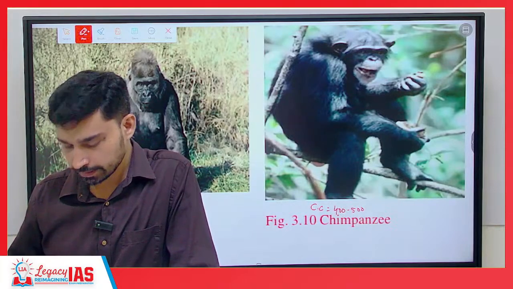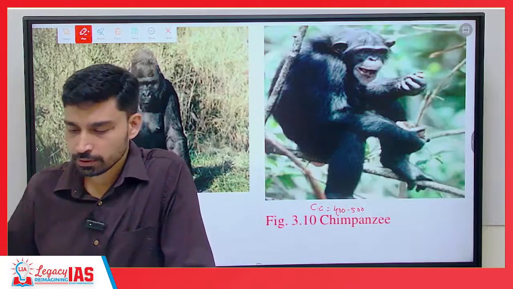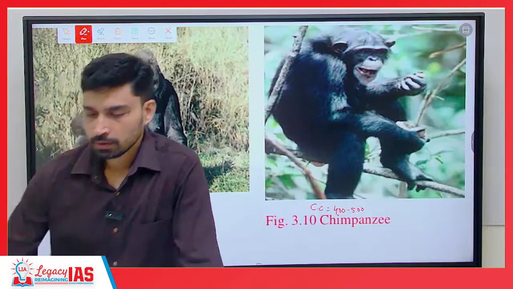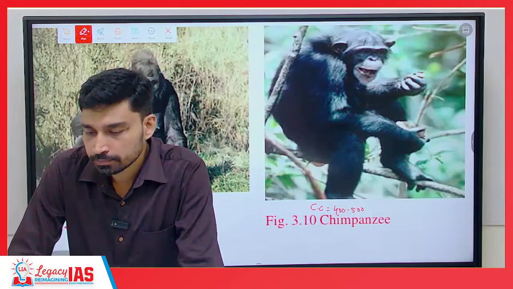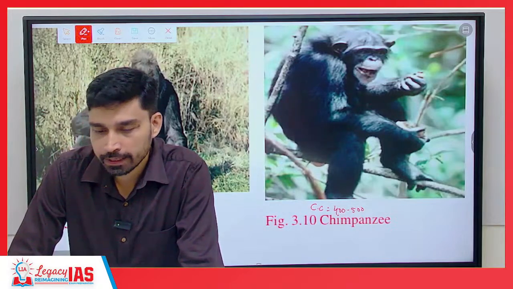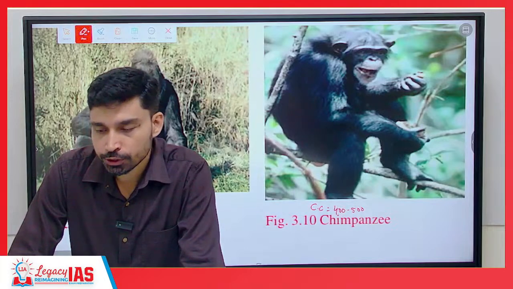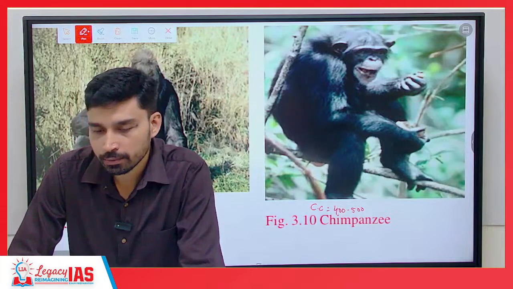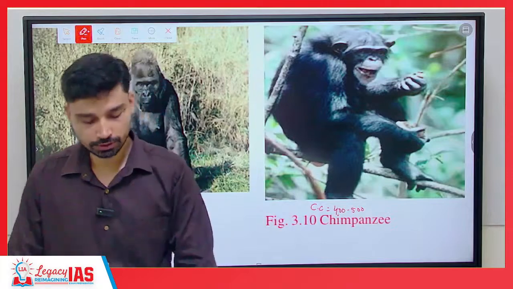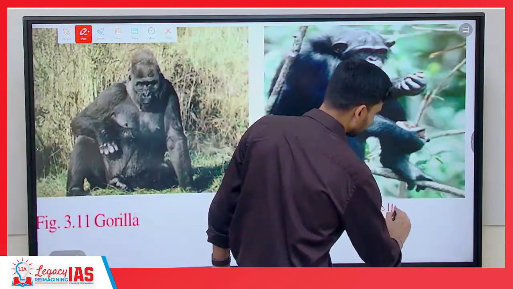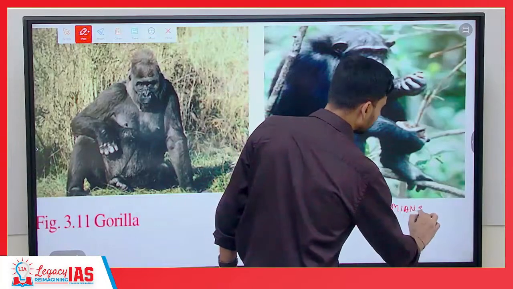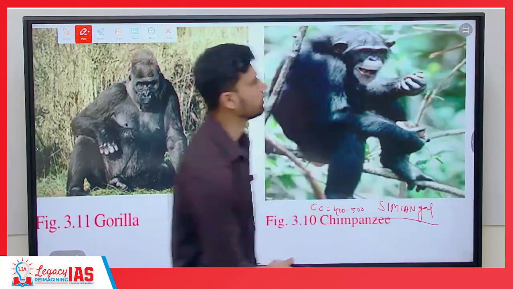Right. Then next, last point you can write: the canines are very sharp and pointed with a simian gap.